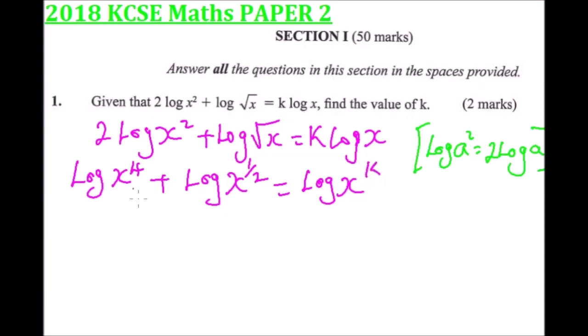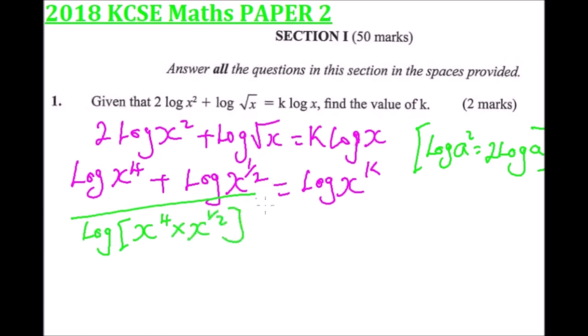Applying the first rule of logarithm, we write the left hand side as a single logarithm. When we have plus, we write it as x to power 4 multiplied by x to power a half, is equal to the logarithm of x to power k.